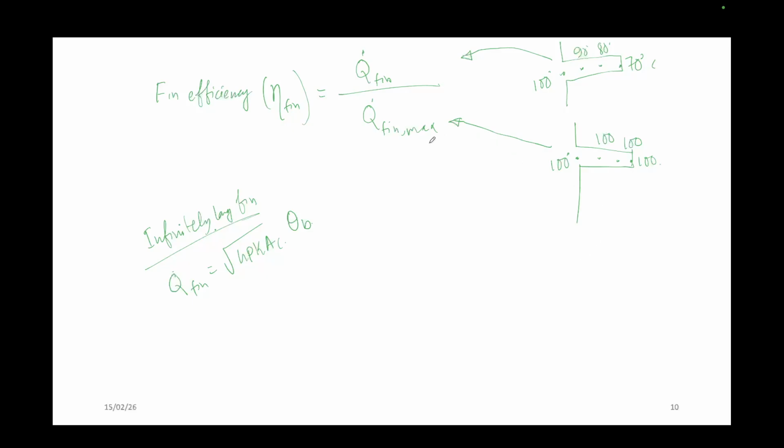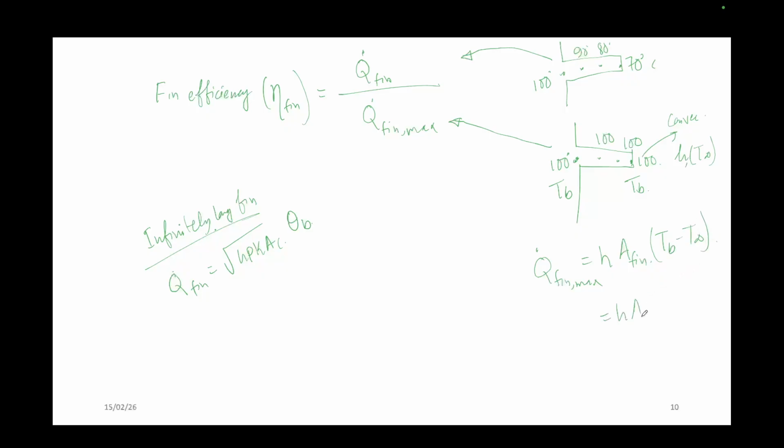Now this is the maximum temperature. What I said is, T fin max means if it is at T b, this point should be at T b, right? So that means the heat transfer from the fin should be only because of convection. So because of this convection, this Q fin max should be h times area of the fin into T b minus T infinity.